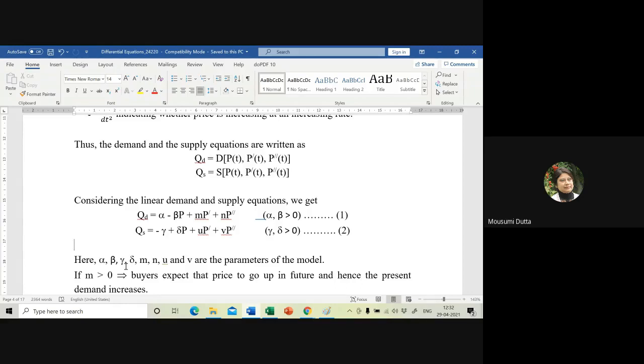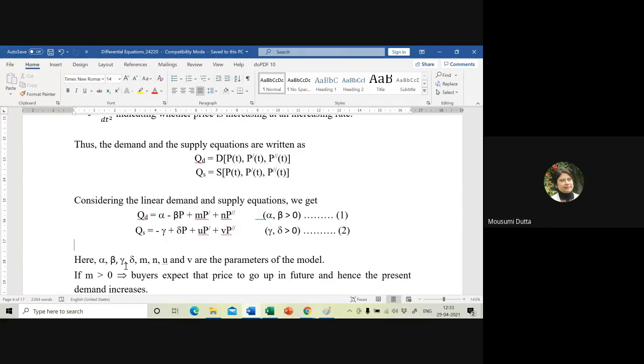We are not telling anything about the signs of M and N because price may increase, price may fall. So M can be positive, M can be negative. Similarly for N, it can be at increasing rate, it can be at decreasing rate. Therefore, we are not mentioning anything about the signs of M and N.